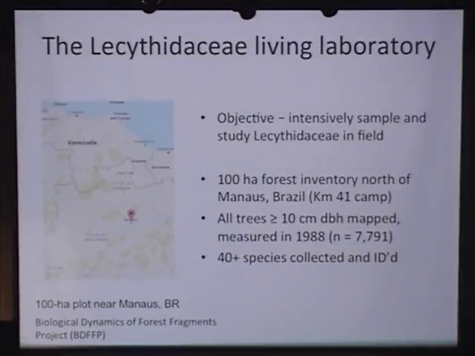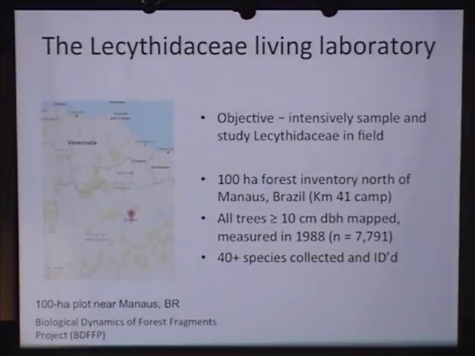And so in my lab we really wanted to get in and actually learn these species in the field. I found an inventory plot that was established in 1988 of all the Lecythidaceae in 100 hectares of rainforest. And all the species were identified by the specialist Scott Mori from the New York Botanical Garden.